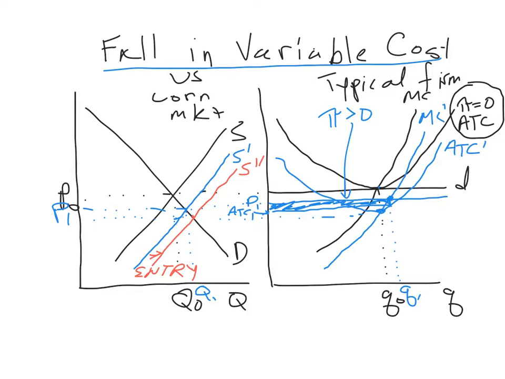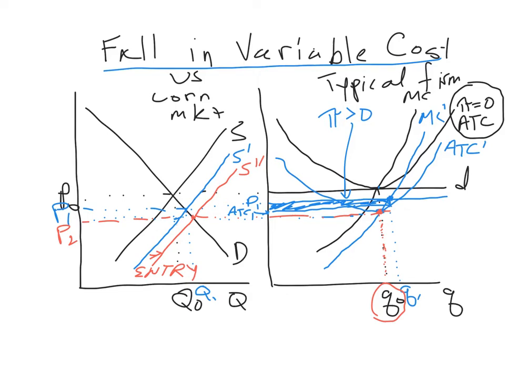And lo and behold, enough entry happens that price is knocked all the way down to P2, and that's where the full amount of that cost reduction has been passed on to consumers in the form of lower prices, and farms in this case are back to making zero economic profits. And the way I've drawn it, the minimum average total cost is directly below the old minimum average total cost. So farmers are back to producing their original level of Q naught.